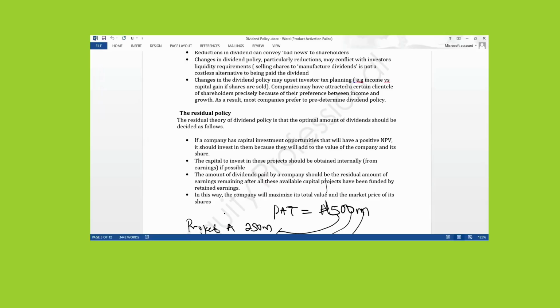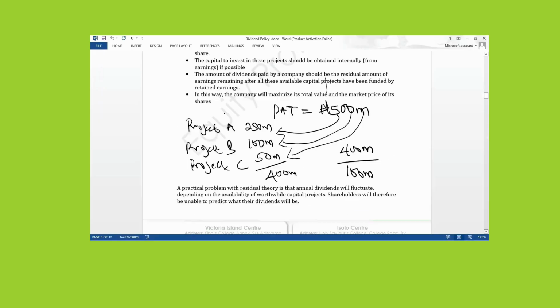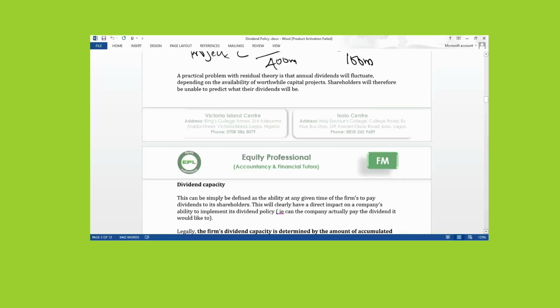By following this order, we can get to the optimal dividend policy. That's residual policy.